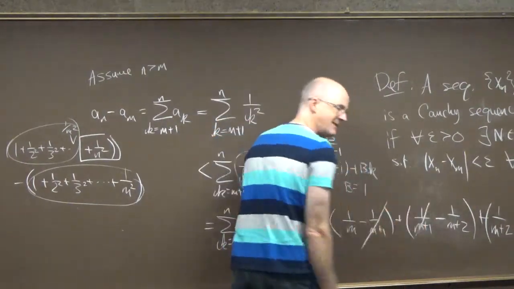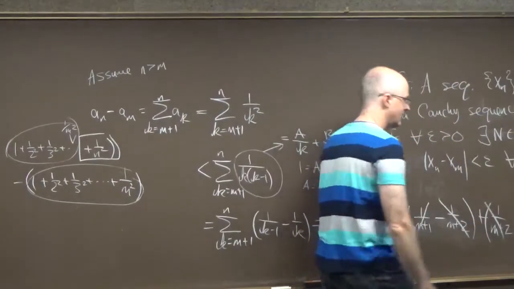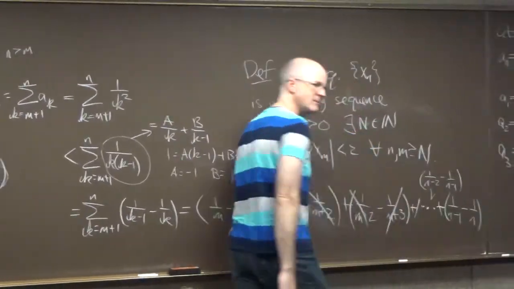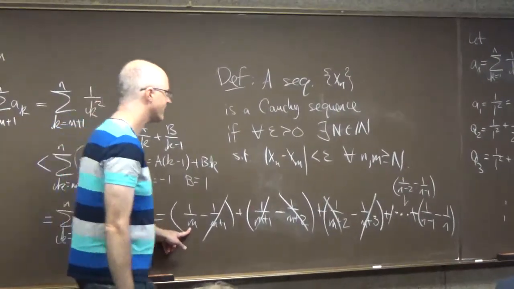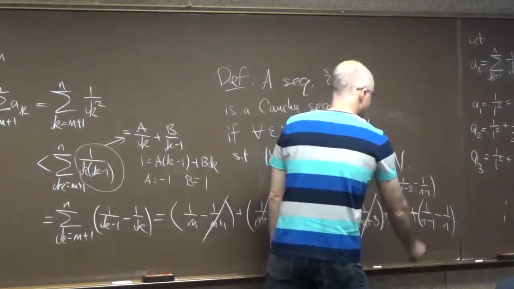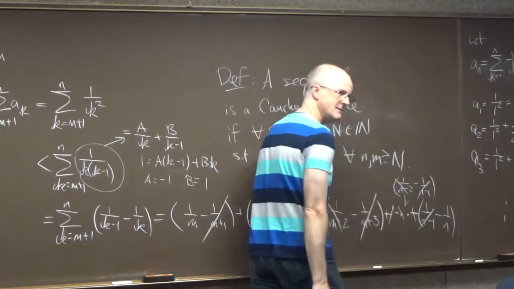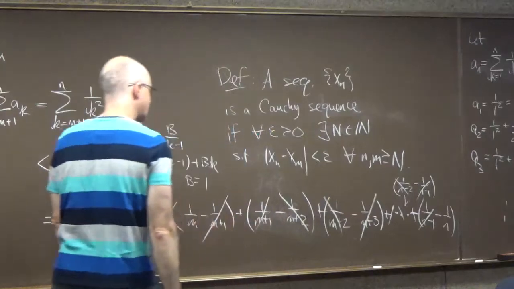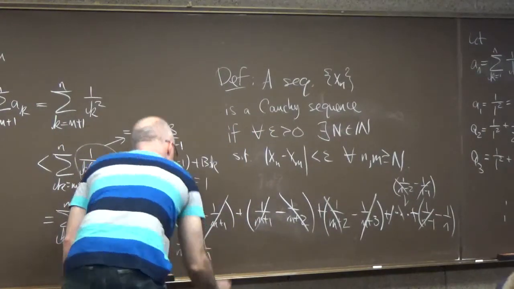This cancels with that. This cancels with that. This cancels with something else that comes next, etc. This doesn't cancel. What am I left with? I'm left with 1 over m minus 1 over n.